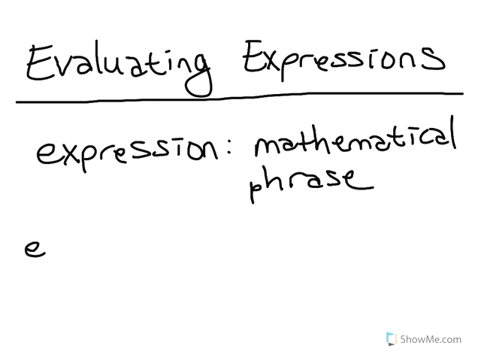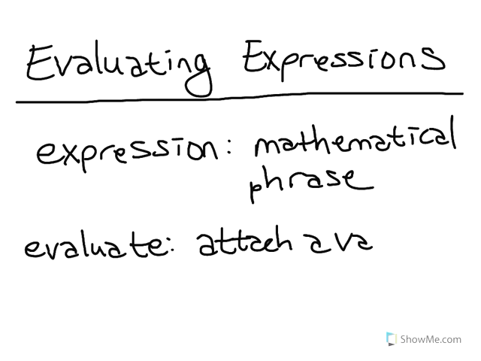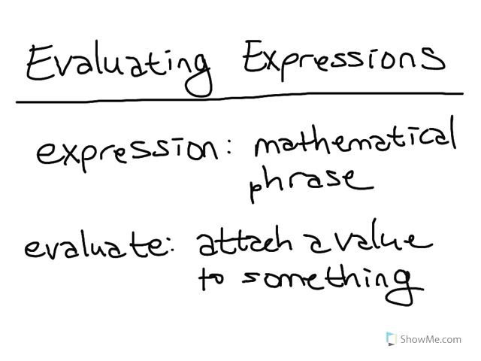The other word we have to understand is evaluate. When we evaluate something, we attach a value to it. Now, in attaching a value to something, it's not an arbitrary thing. We don't simply say, that's worthless.